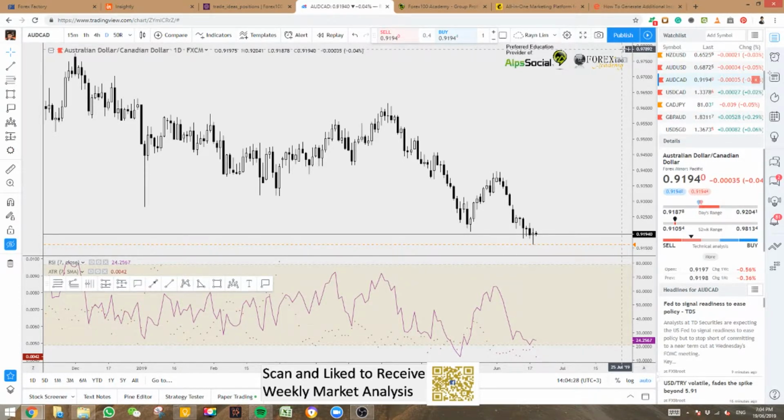All the Canada CAD related pairs. Oh, so I'm pretty much Canada involved in a way. 1 pair, 2 pair, 3. All right, so on the daily chart, we can see there is a bearish move. Very bearish, right? Due to Australia.